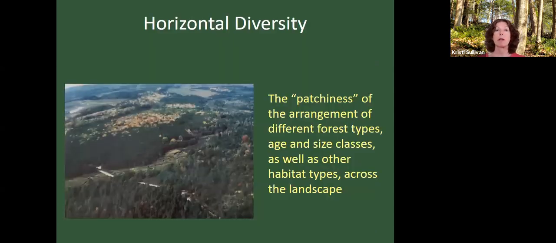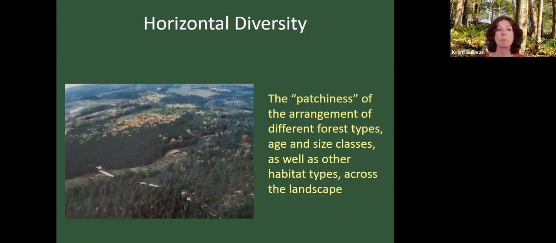Now I'm going to talk about two different terms that are used to describe forest habitat, and actually habitat of all types. The first is horizontal diversity. Horizontal diversity really means the patchiness of the arrangement of different forest types, age and size classes, as well as other habitat types across the landscape.